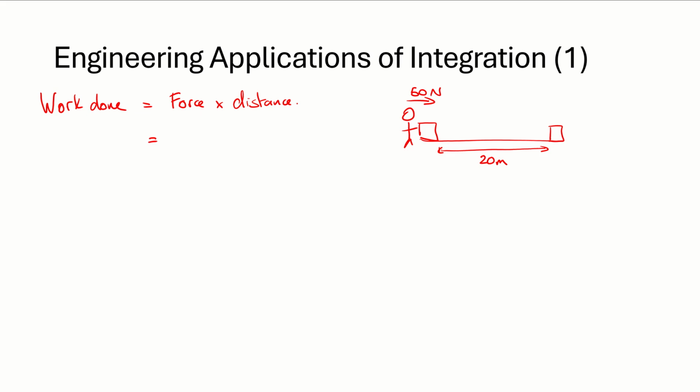To work out our work done, we would just take that force, 50 newtons, times 20 meters, and we would have 1,000 joules. So we would have expended 1,000 joules, 1 kilojoule, in pushing this box with 50 newtons for a distance of 20 meters. So that's really easy if we have a constant force. This is only true for a constant force.